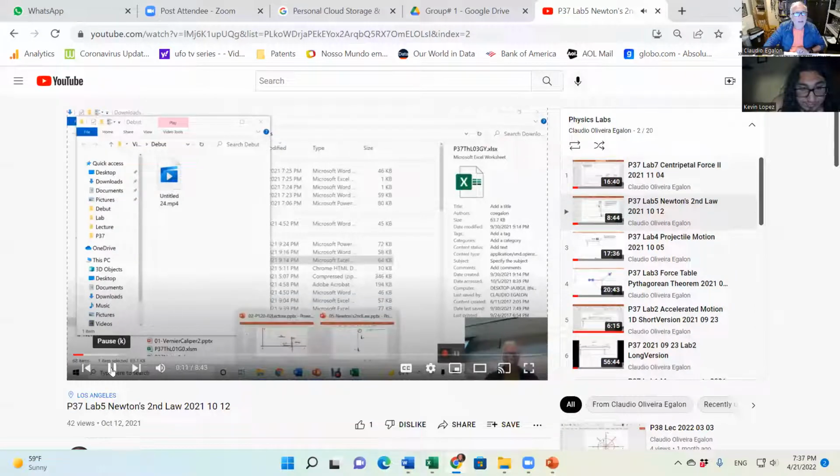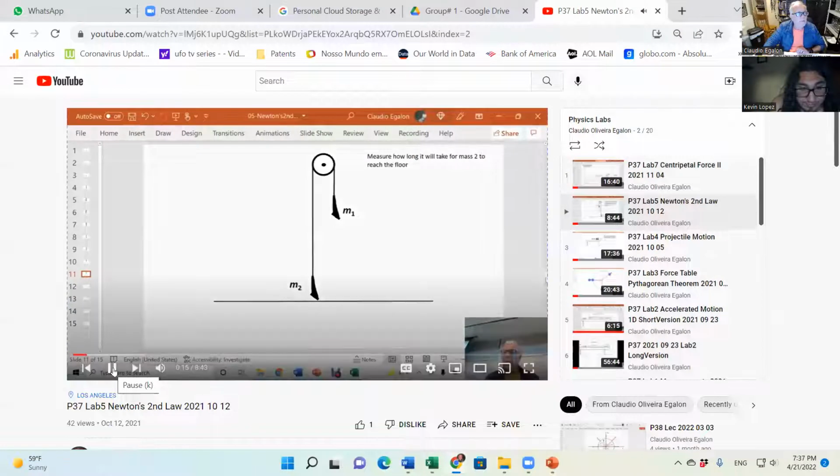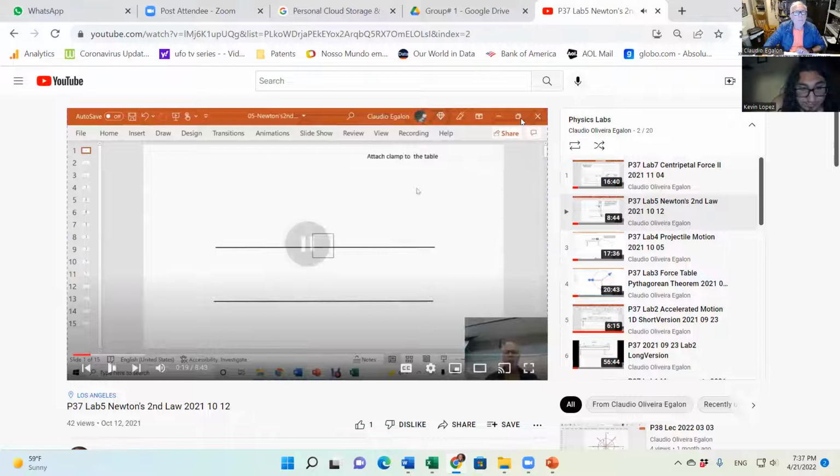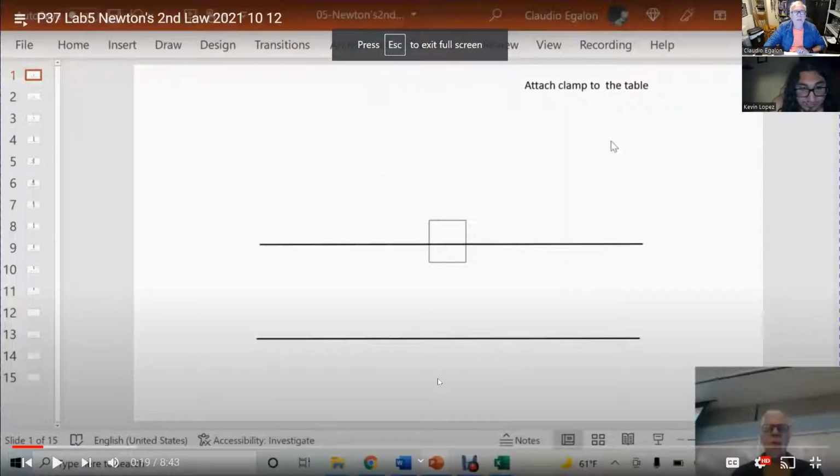Okay, I'm going to brief you quickly on how you're supposed to do it. In this experiment, we are going to use the Atwood machine. I'm sharing the screen. What you see right in here is the Atwood machine.